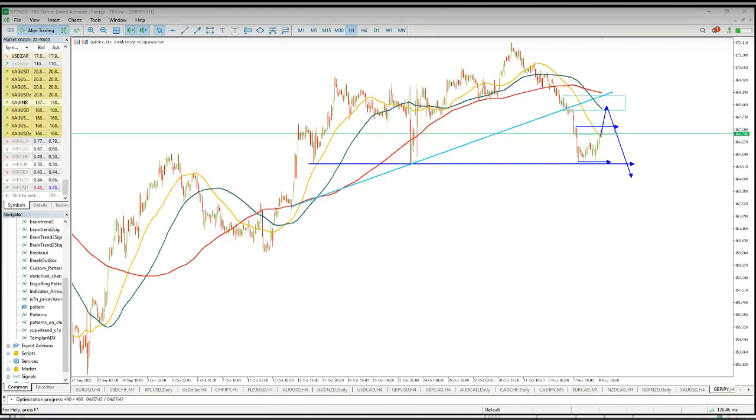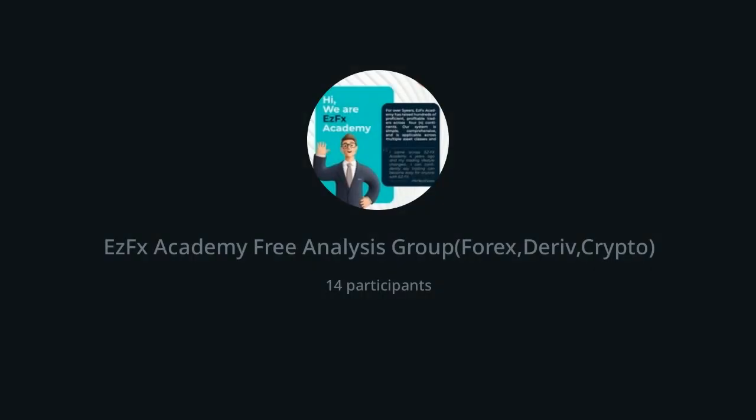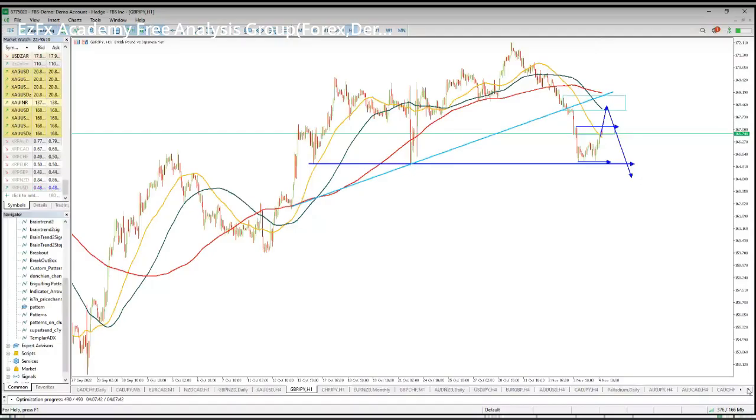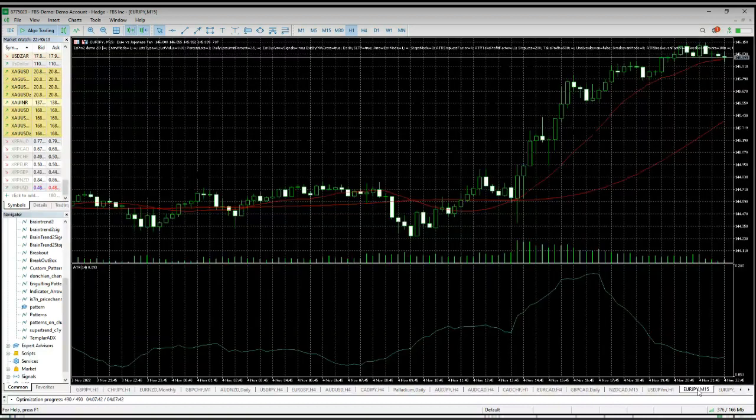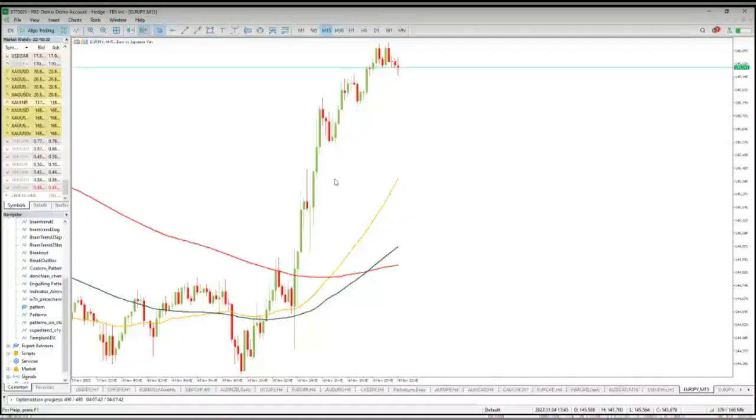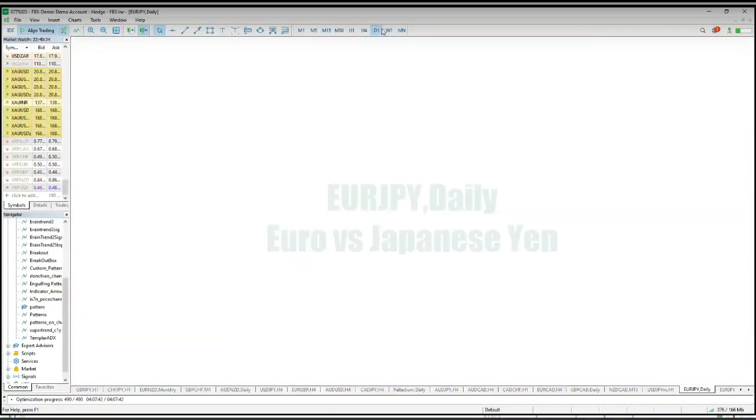All right. So, the next one, EURJPY. I'm not sure I have EURJPY open, but I think I do. Yes, I do. Okay, so let's see the daily time frame first of all, EURJPY.